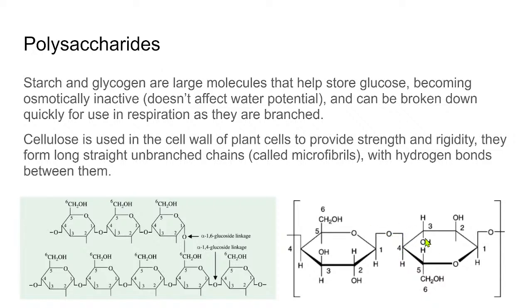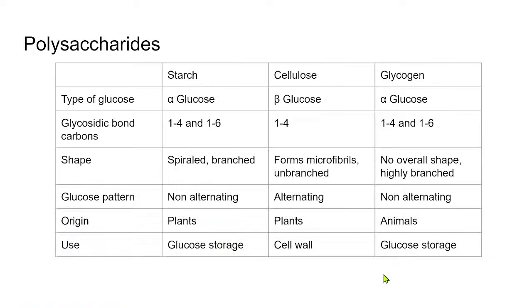This provides long continuous microfibrils, which are then used in the structure of the plant cell wall. They're held together by hydrogen bonds, and they are unbranched, so they don't form the 1,6 glycosidic bond, only the 1,4 glycosidic bond. Here is a little table talking about it.